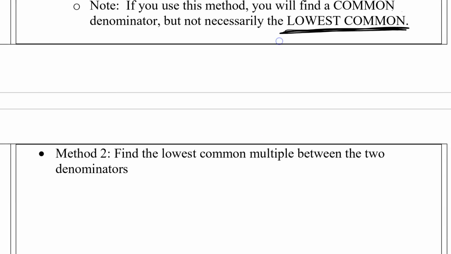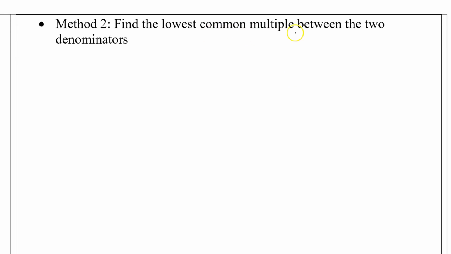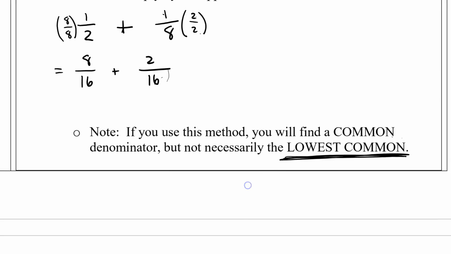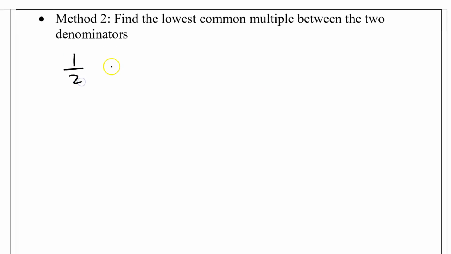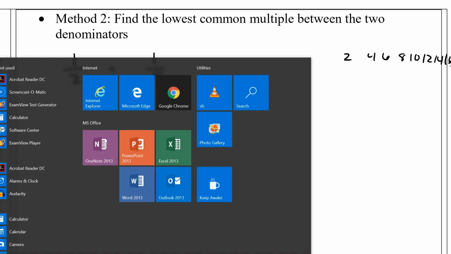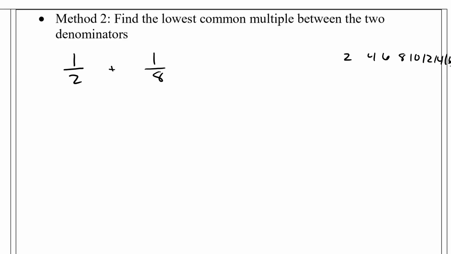Let's look at the next method. Find the lowest common multiple between the 2 denominators. So 1/2 plus 1/8. What I'm going to do in the margins, or on a scrap piece of paper, probably in the margins is better because then I can see the work that you do, is write the multiples of 2: 2, 4, 6, 8, 10, 12, 14, 16, 18.